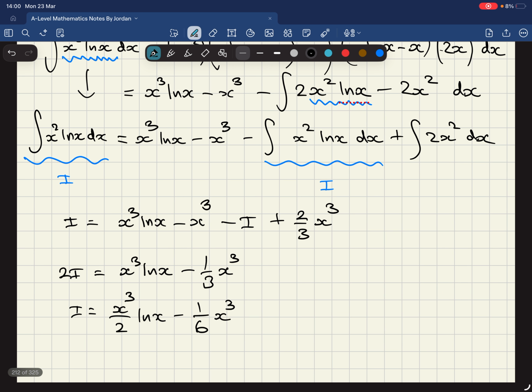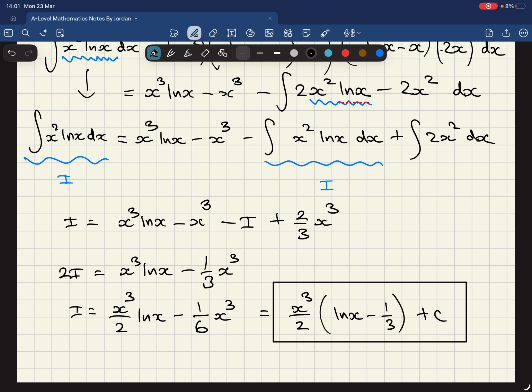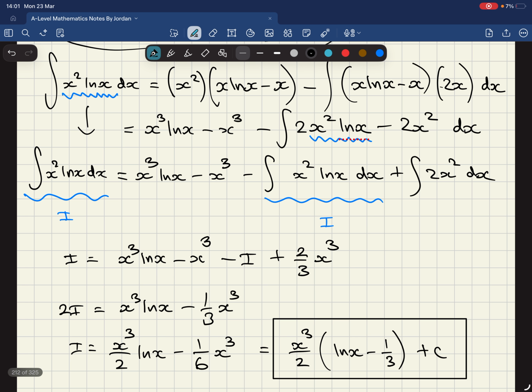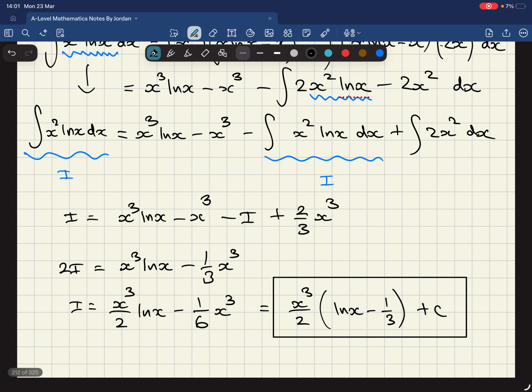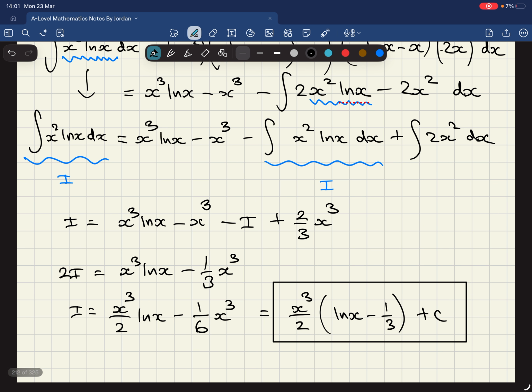And then finally we can just factor out the x cubed. Okay, and that will be our answer there. Remember, I was the integral, which is the original integral, and so that is the answer. Okay.